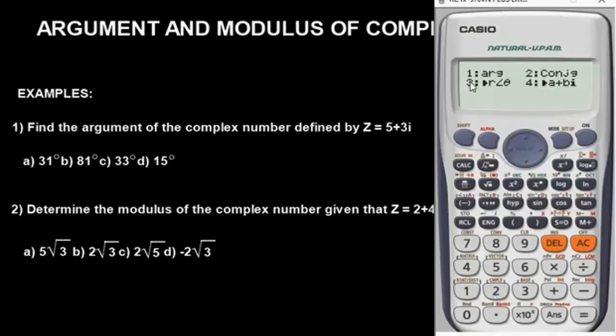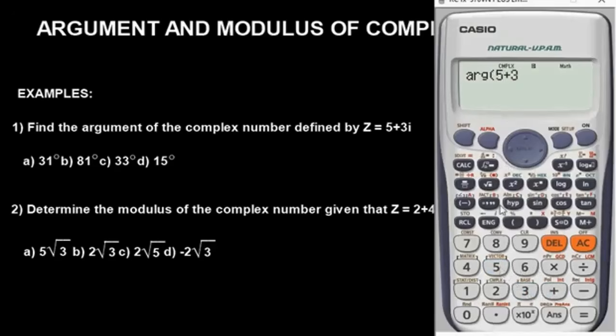Once you do it, you see these options. Option 1 stands for argument, option 2 stands for conjugate. Since we are looking for the argument, we go for option 1. So you press 1. Once you do it, you then input these values, 5 plus 3i, in these brackets.